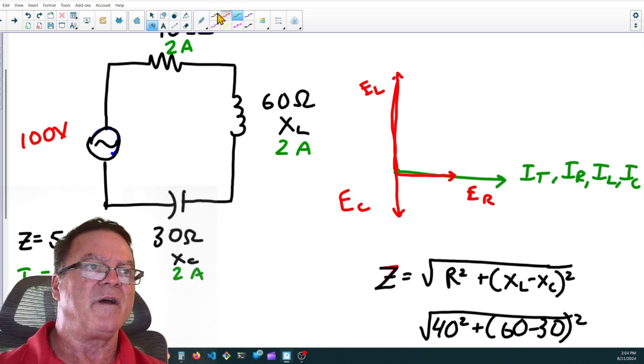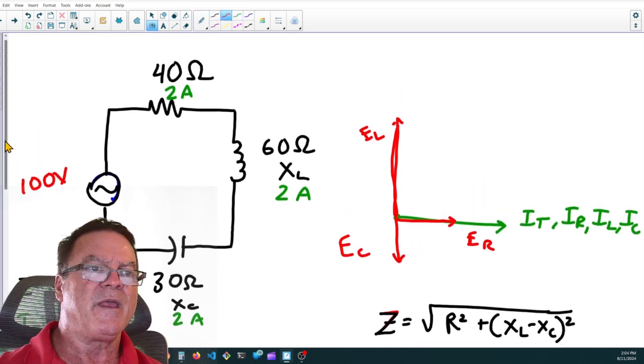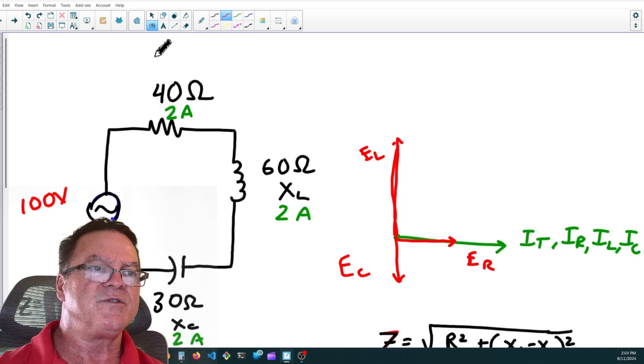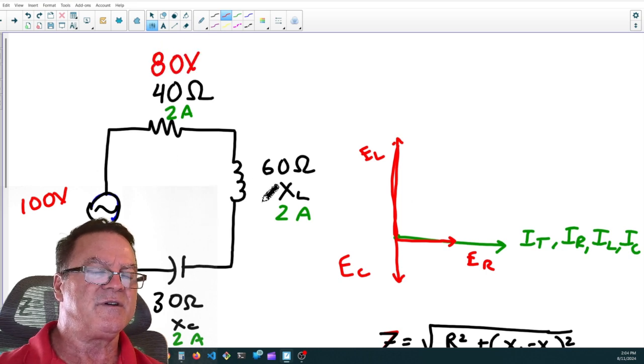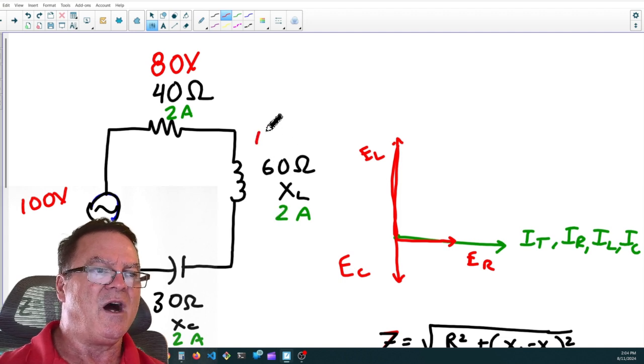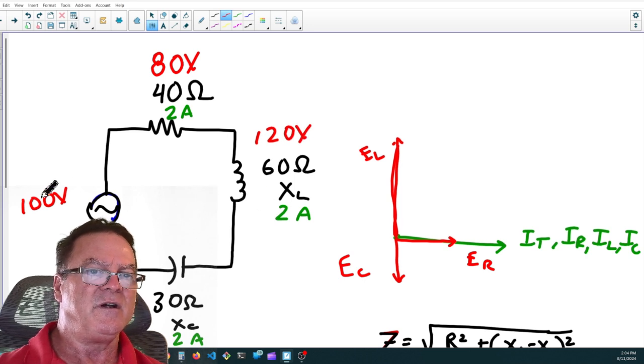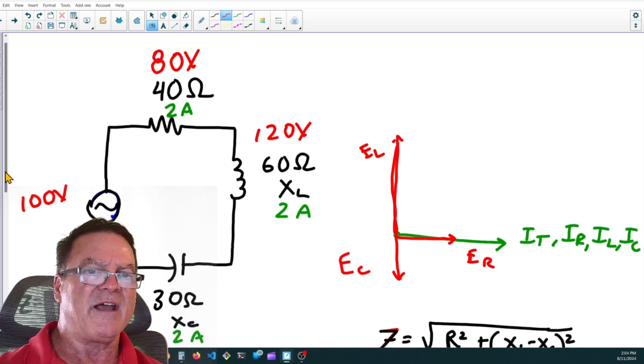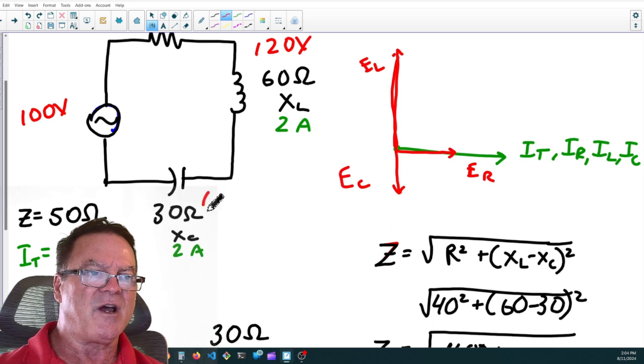So if I want to find my voltage drops, it's 40 times 2, I have 80 volts dropped across my resistor. Look at this, I have 60 times 2, 120 volts dropped across my inductor. I only have 100 volts total, but I have 120 volts dropped across the inductor, and I have 60 volts dropped across my capacitor.